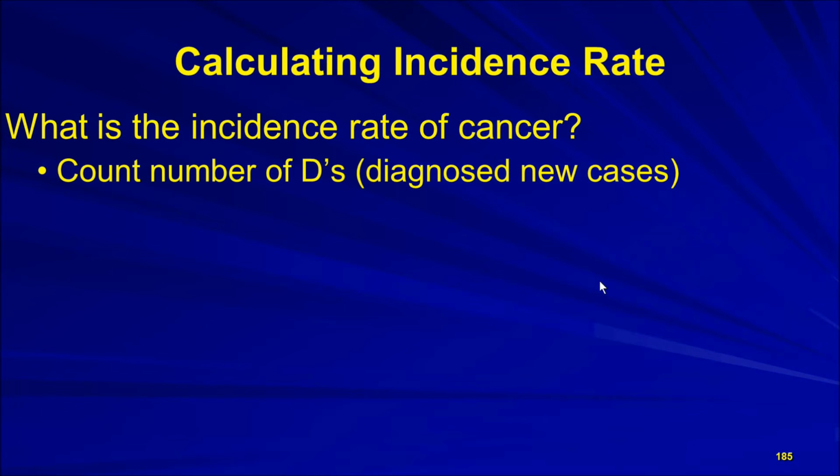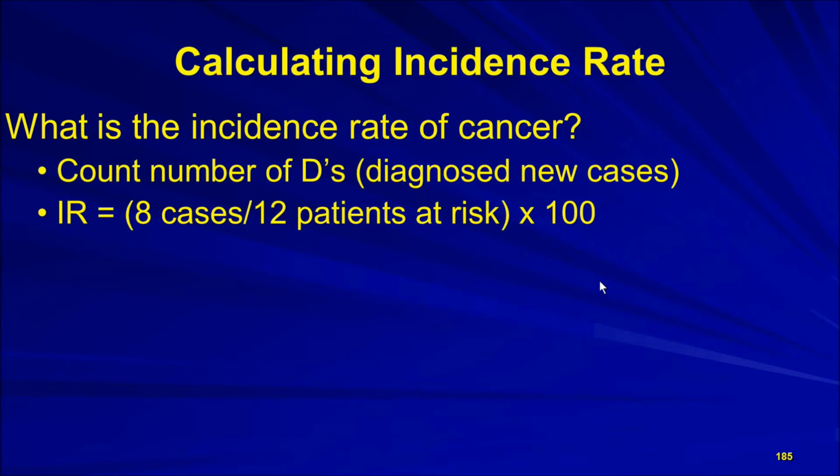So the number of D's in this particular case was how many? We said it was 8. And the population at large was 12 patients that were at risk. So of those 12 patients, only 8 of them were diagnosed as having a new disease. Now we selected a constant, and we select constants primarily because we want to communicate with a certain audience.